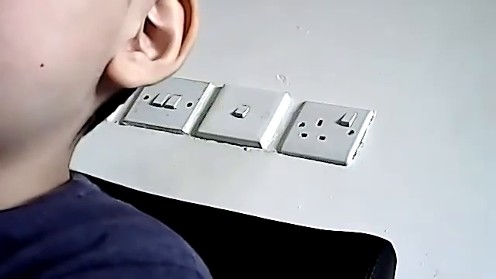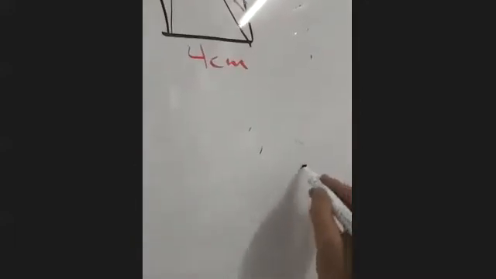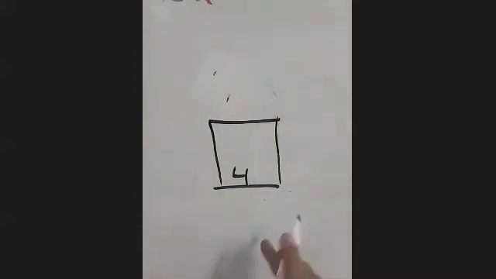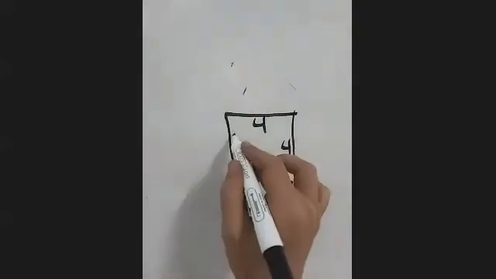How do we make the net for the square pyramid? First, we start with the square. I will graph the square. This is our square. Here, 4 centimeters, 4 centimeters, 4 centimeters, and 4 centimeters. And because they are equal, it's a square.